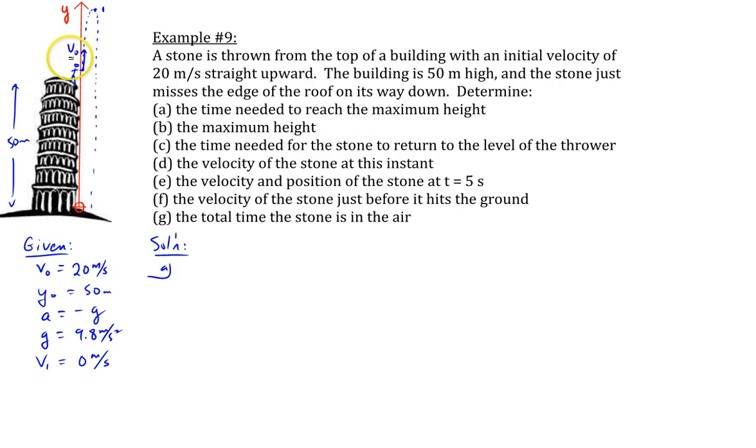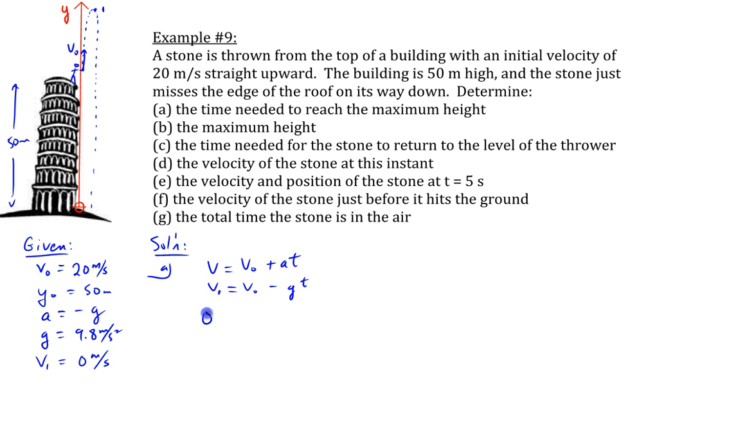We know the starting speed. We know the acceleration. We also know the final speed at the top, which is 0. So hopefully you're thinking of v equals v0 plus at. Let's modify that for the vertical direction. So v equals v0 minus gt, replacing the a with negative g. You don't have to. You could just replace a with negative 9.8. It doesn't matter. Final speed at 1, right? We're going from 0 to 1.